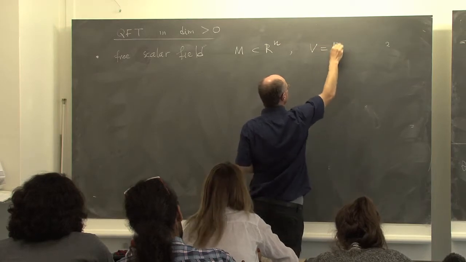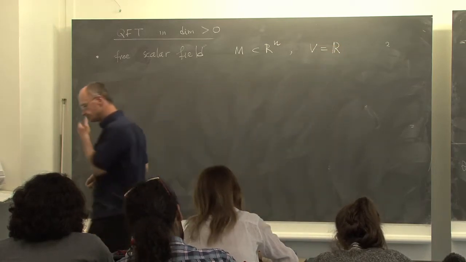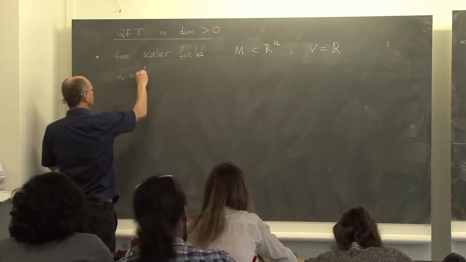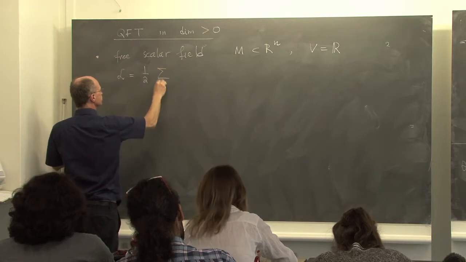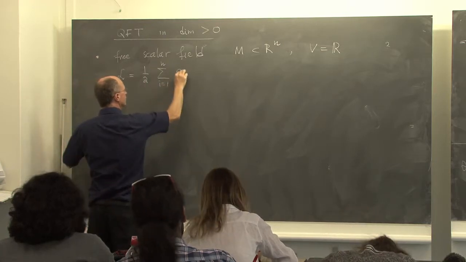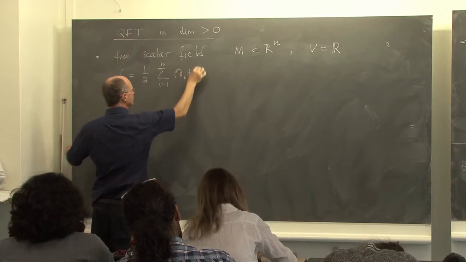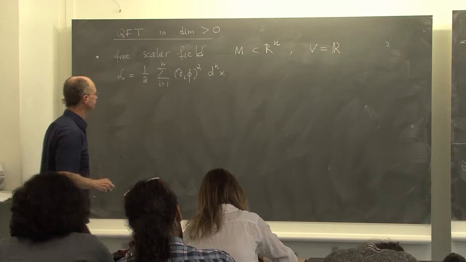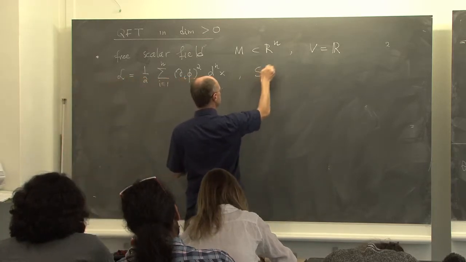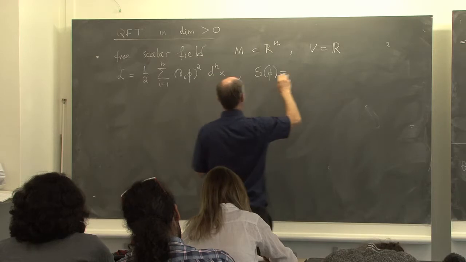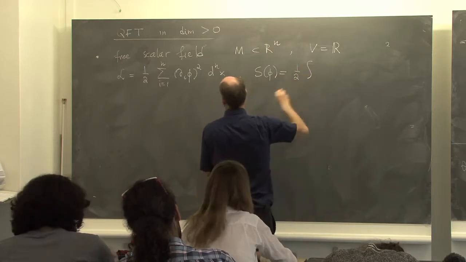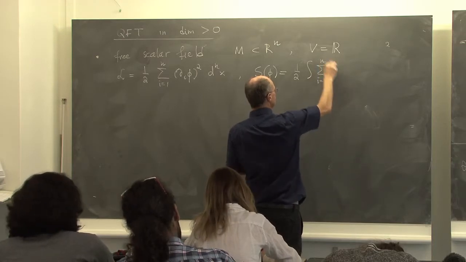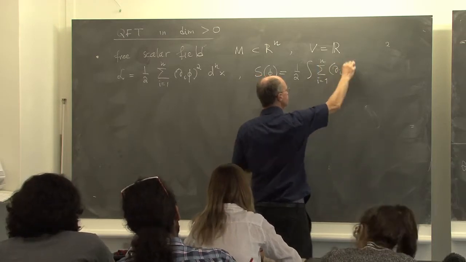V, again, let's take it to be equal to R. The Lagrangian, we know what it is: 1 over n, (d phi) squared, d^n x. Well, of course, the action is an integral of the Lagrangian.